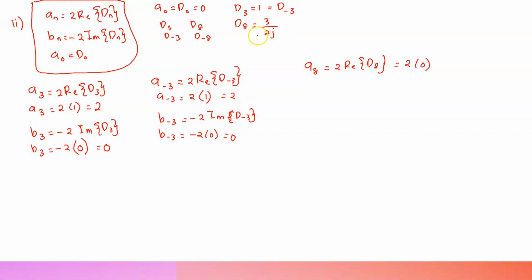It doesn't have a real part. b8 equals minus 2 times the imaginary part of d8. So this will be minus 2 times 3 over 2. The 2s cancel, and you get minus 3.